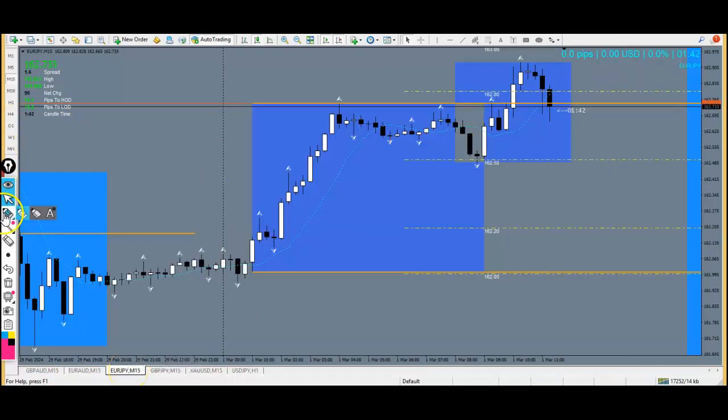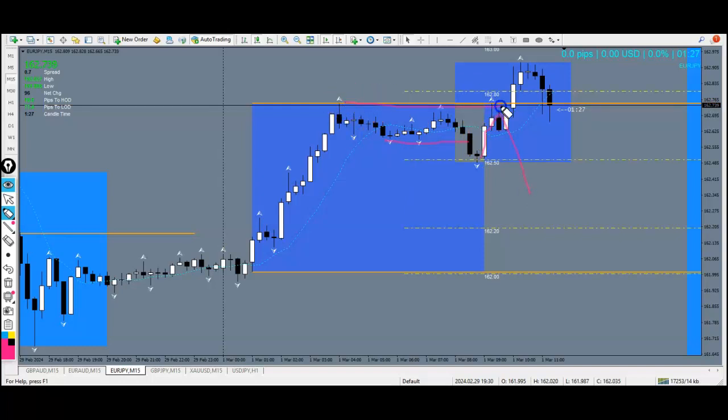Euro yen. Okay, so euro yen, at the break of that, which was a market structure shift, I entered on this pullback expecting it to get here and then come down, but it decided not to do that. Same thing here.